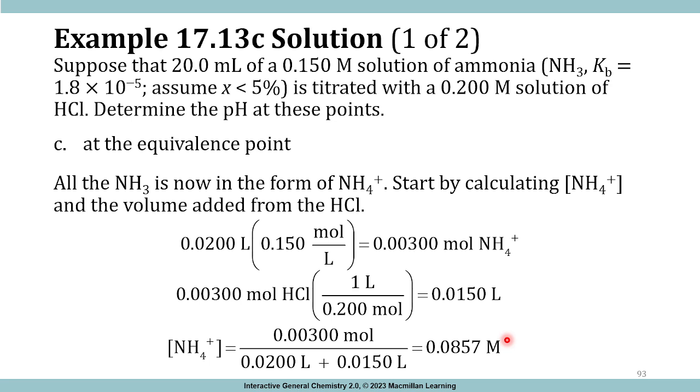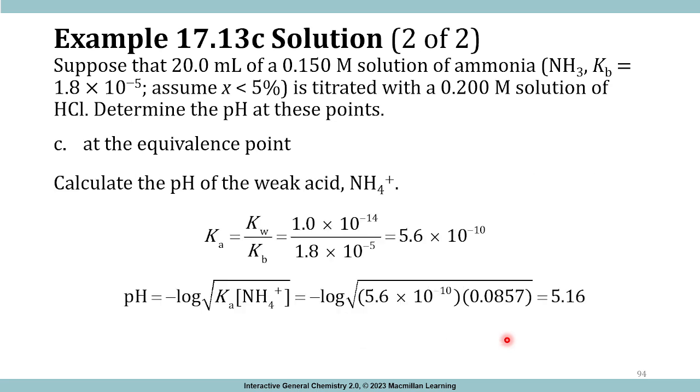Okay. Did I get anybody lost there? Nope. Okay. So again, this is still at the equivalence point. We are going to again be looking at that weak acid. We now have the initial concentration of it. We also actually have the Ka of it, because remember, we took the Kw divided by the Kb before. That was that Ka.